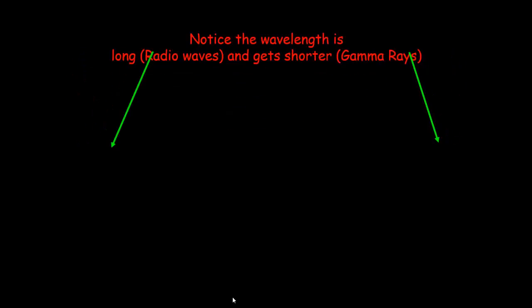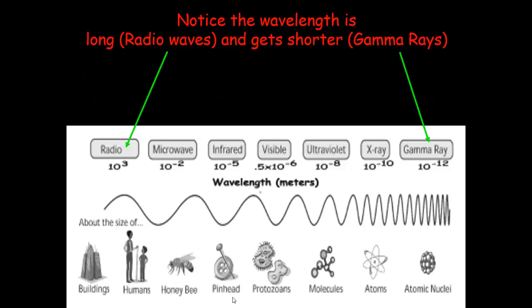Notice that the wavelength gets shorter as you go along. Radio waves are the longest, gamma rays are the shortest. That makes sense because the shorter the wavelength, the more energy it has. So gamma rays, lots of energy, very dangerous.